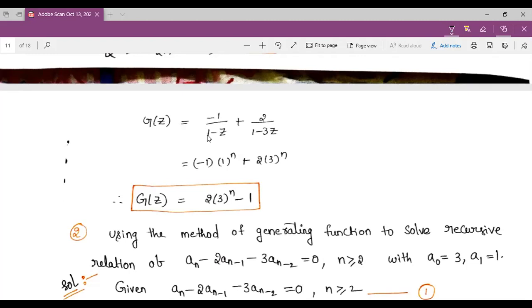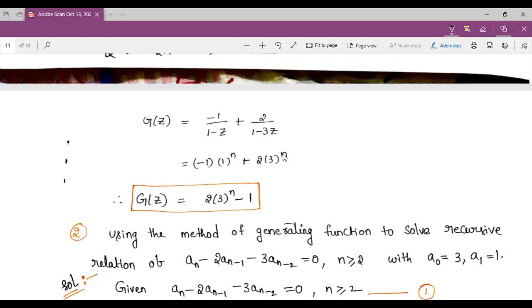So the sequence form of this generating function is, so this is of the form 1 by 1 minus z. The sequence form is 1 whole power n. So here minus 1 into 1 whole power n plus 2 into, so this is of the form 1 minus bz. So b whole power n.